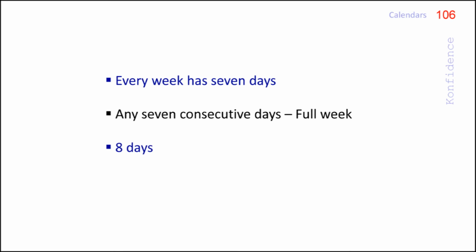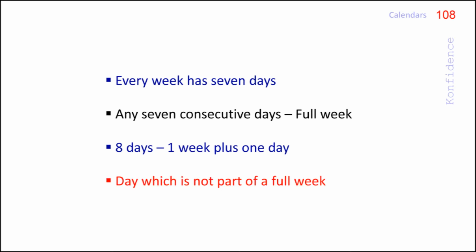If there are 8 days, it will be 1 week plus 1 day. In any group of days, if there happens to be a day which is not part of a full week, it is called the odd day. It is odd because it does not belong to a complete week.